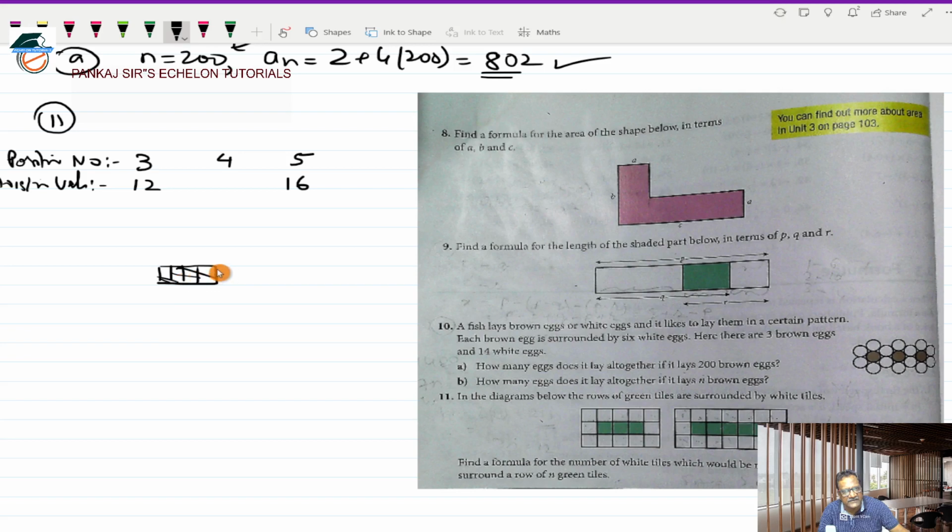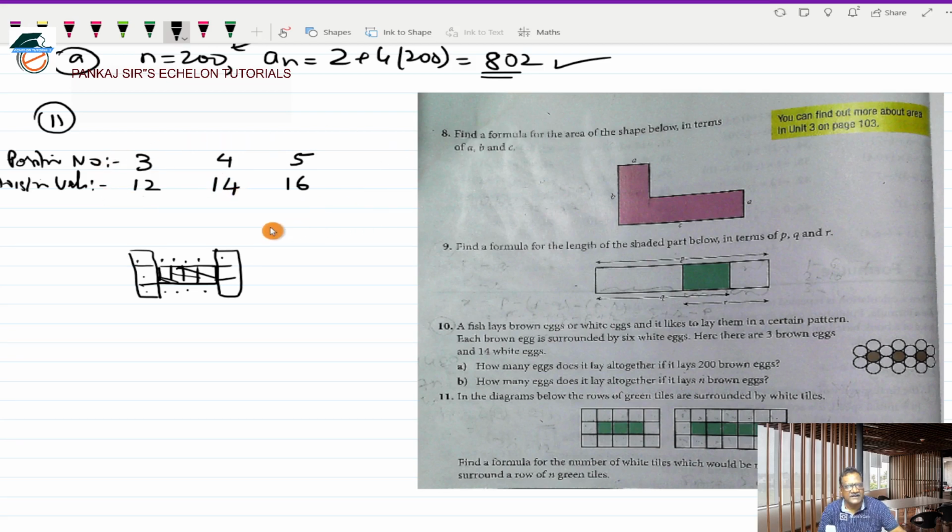Then you will have 3 white tiles over here, another 3 white tiles over here, 3 plus 3 is 6, and this is 4, so you'll have 1, 2, 3, 4, 5, 6, 7, 8. So 8 plus this 3, 8, 9, 10, 11, and this 3, 12, 13 and 14. So when there are 4 green tiles, your number of white tiles will be 14.